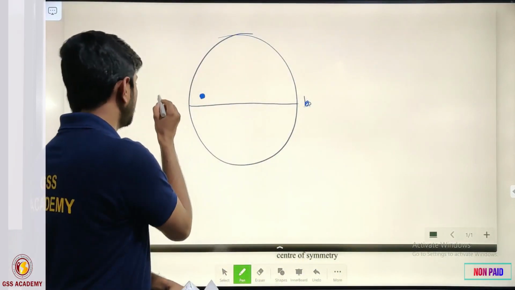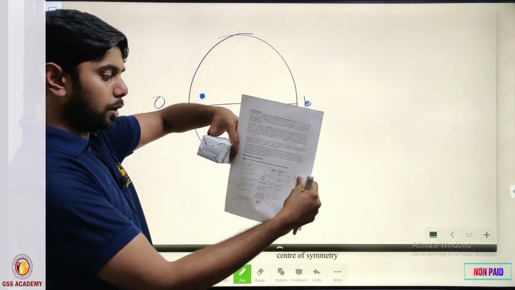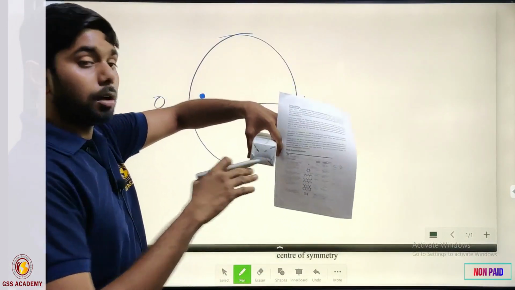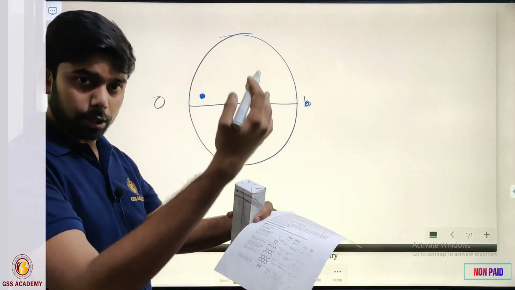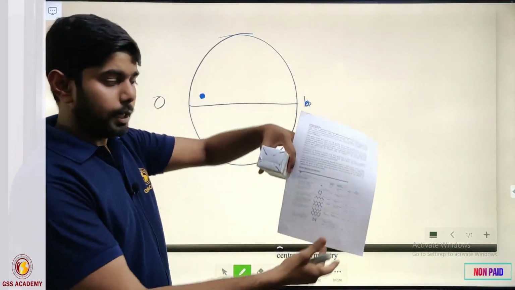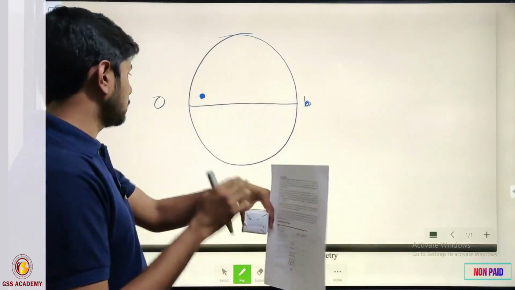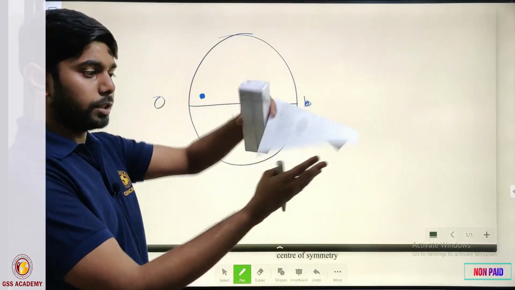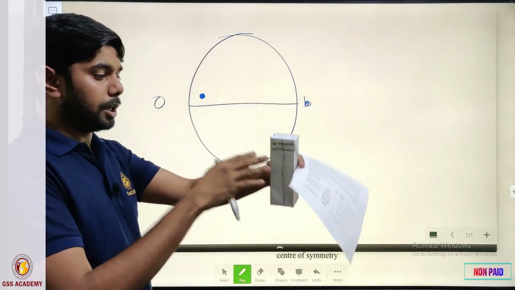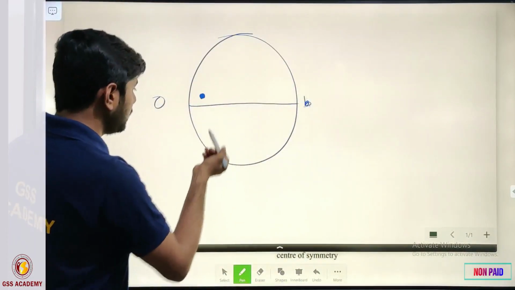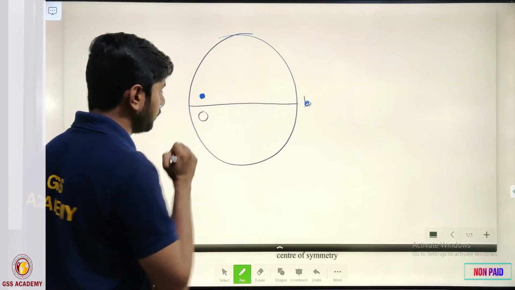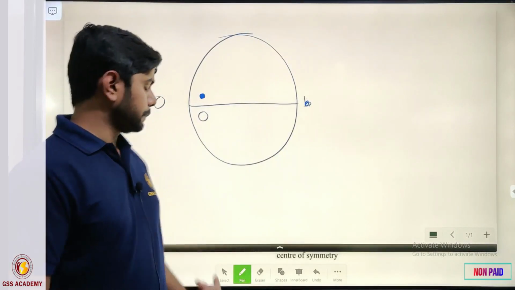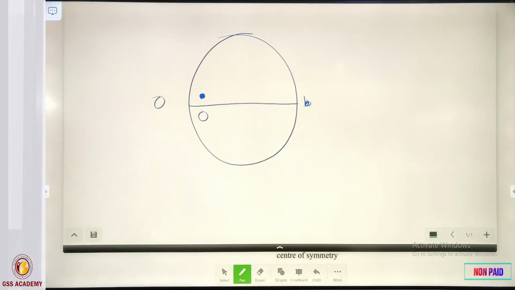So let's assume that this face is above the plane of the stereographic net, so this will be denoted by a dot, and the other face, which is below the plane of the stereographic net, we will denote with an open circle.